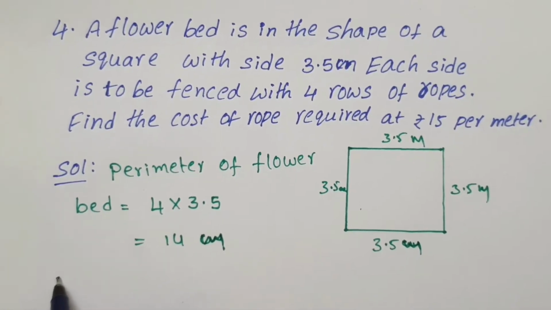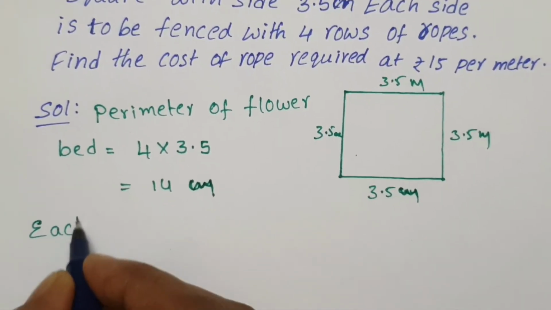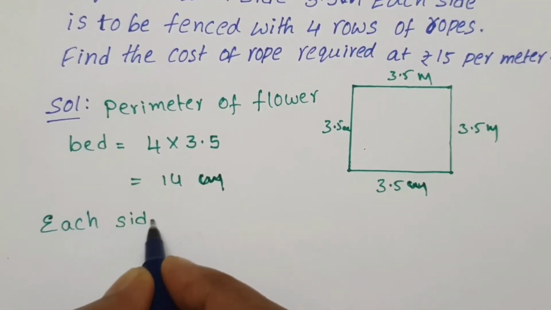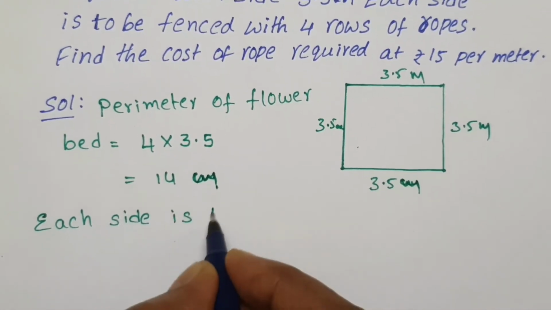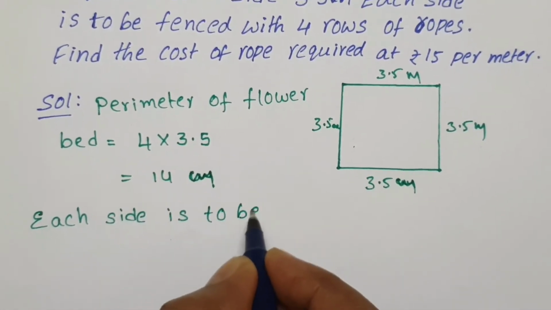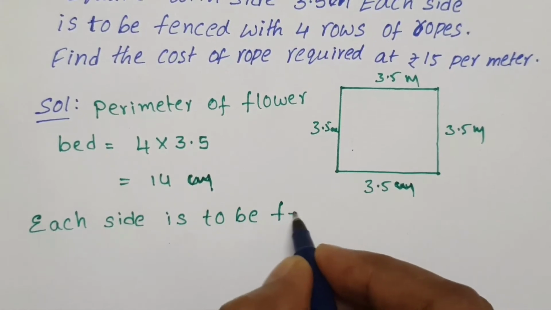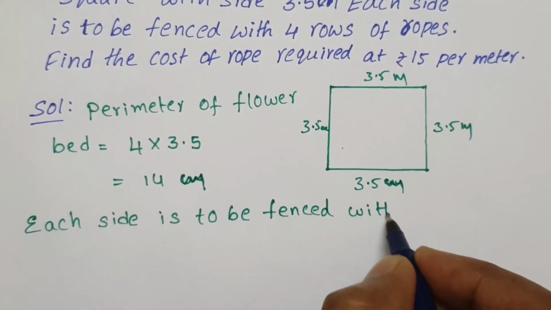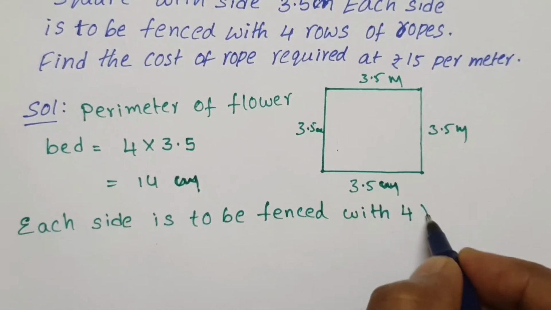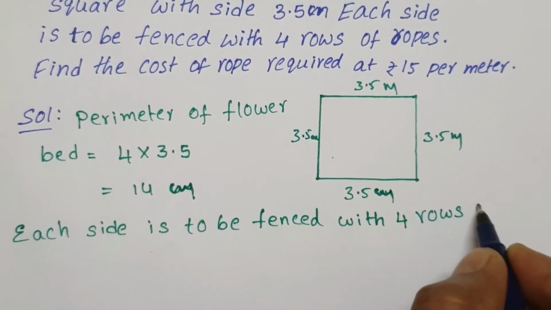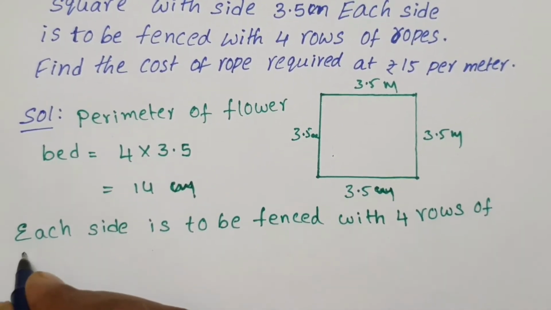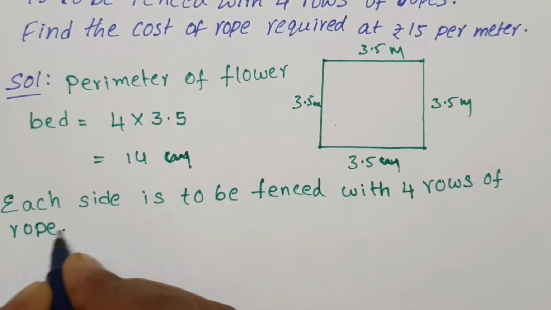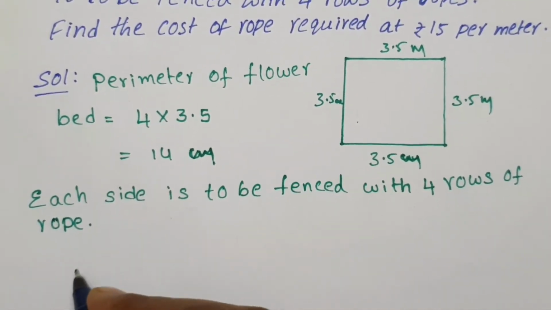For that, each side is to be fenced with 4 rows of rope.